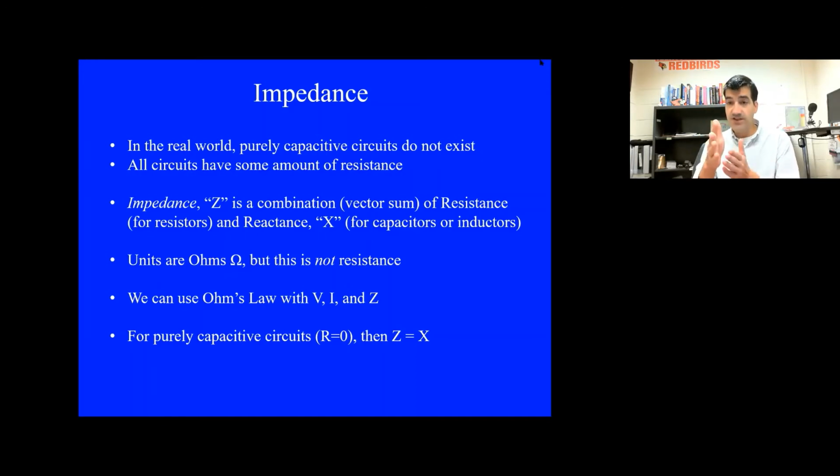And if there's only reactance, no resistance, then this part of the triangle is zero. Therefore the hypotenuse is the same thing as the reactance. So this makes sense: V equals IX is what we have for purely capacitive circuits because there's no resistance. But if we have a resistance, then we have to include that in the triangle.